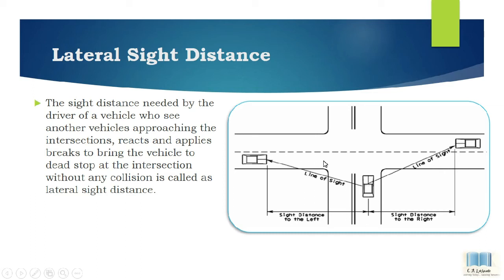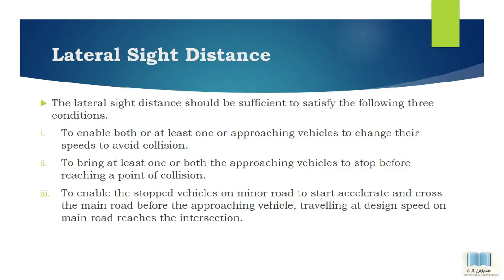Now the next point is that the lateral sight distance should be sufficient to satisfy the following three conditions. The first condition is to enable both or at least one of the approaching vehicles to change their speeds to avoid collision.